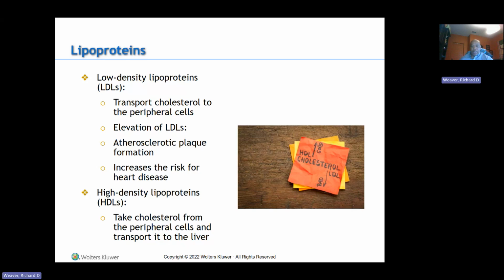Now, a laboratory examination of blood lipids is what we call the lipoprotein profile. It provides valuable information on the important cholesterol levels.